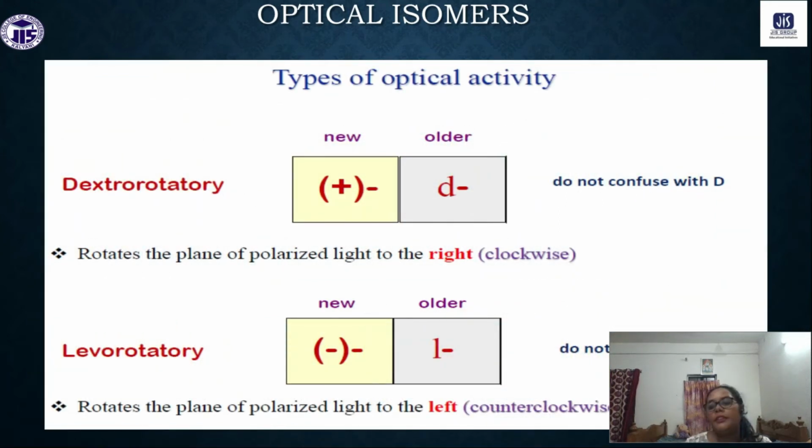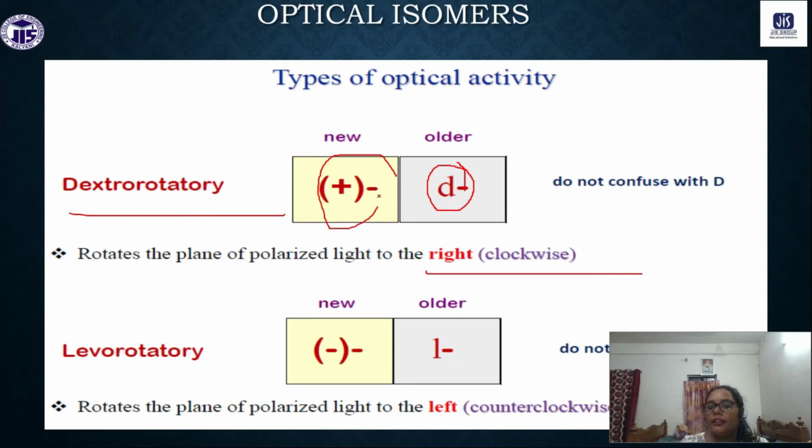Optical isomers: if the rotation is clockwise, to the right, then previously we used the symbol D, dextrorotatory, but nowadays we denote it by the positive sign.